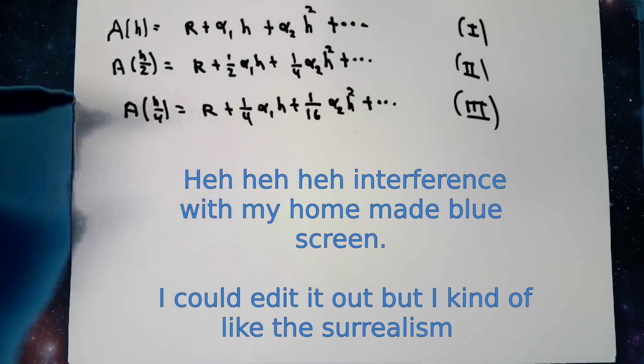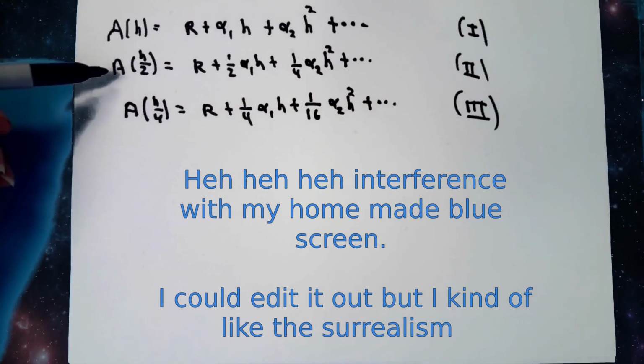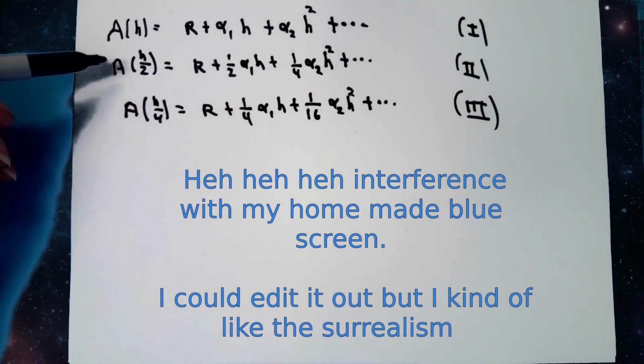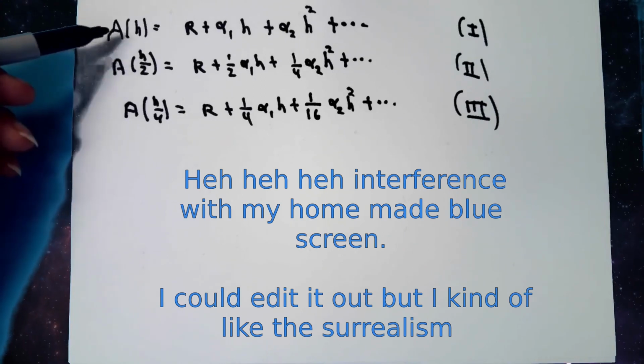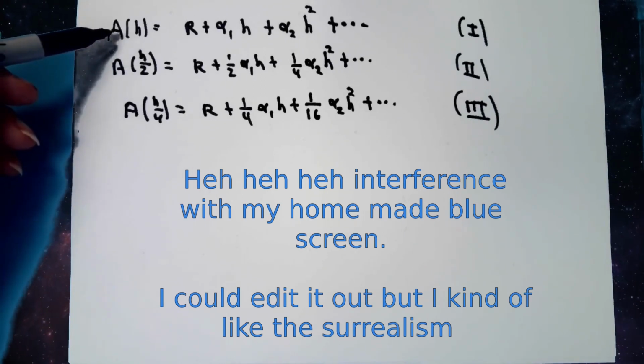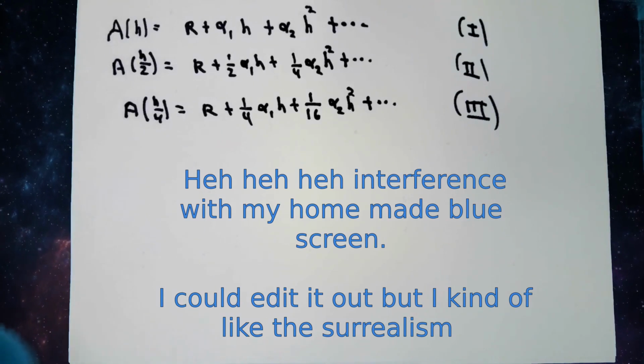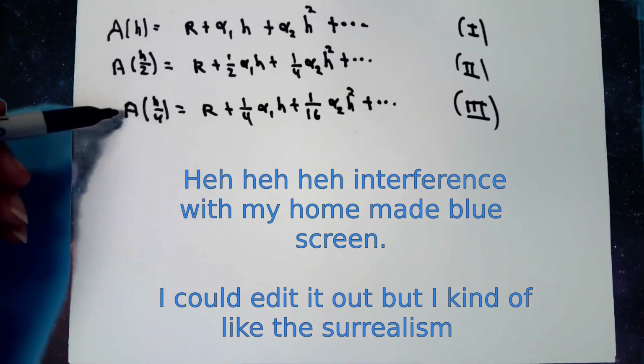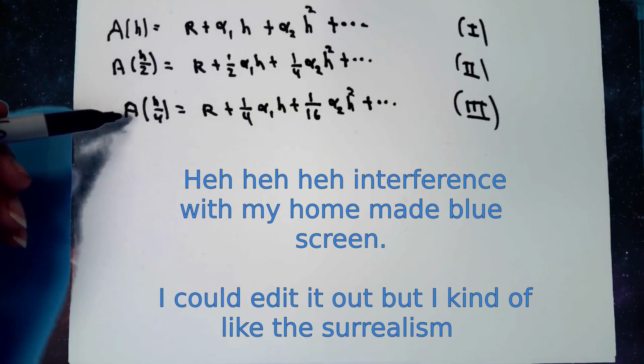If I simplify the algebra from the preceding formulas, I get these three formulas. h is first replaced with h over 2, then h over 4 for the last formula.